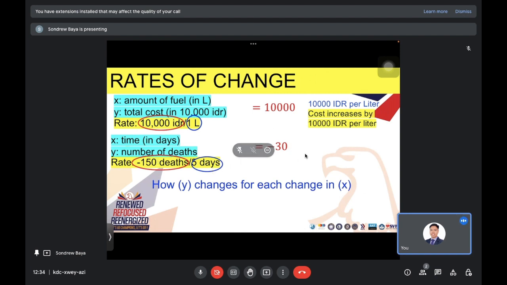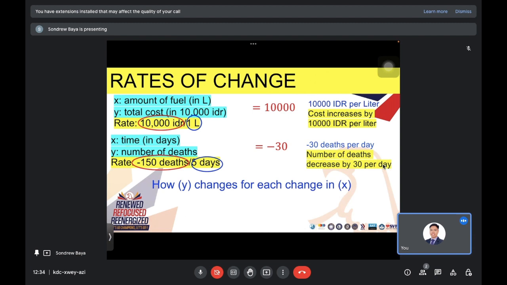That's another way of saying that there are negative 30 deaths per 1 day, or per day. Okay? So instead of looking at it in a 5 days interval, we can look at it in a much simpler 1 day interval. In other words, this can be interpreted as negative 30 deaths per day, or the number of deaths decreases by 30 per day. And this is what rate of change is.